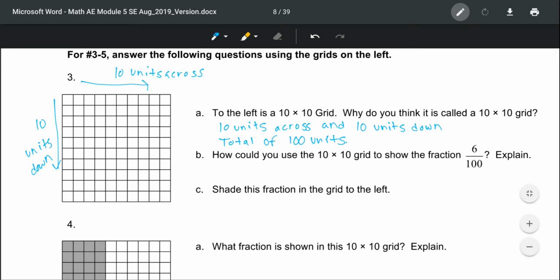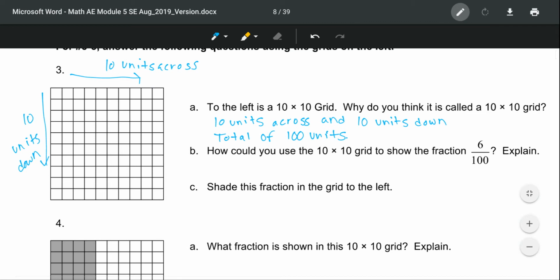Okay, so it says, how would you use the 10 by 10 grid to show a fraction of 6/100 or 6 out of 100? So if there's a total of 100 units or 100 little squares, that means we would want to shade in only 6 out of the 100 squares.